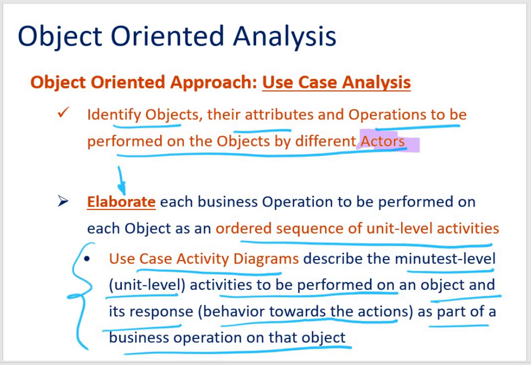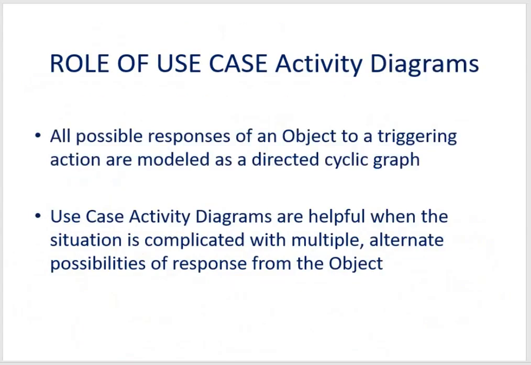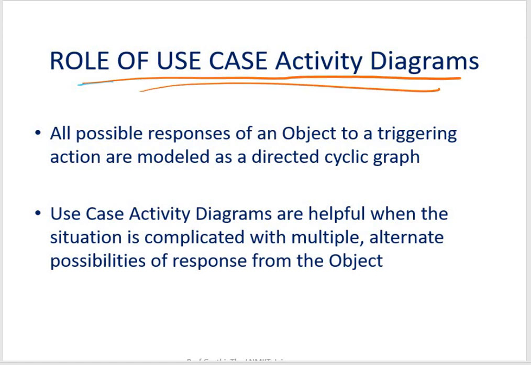Your use case activity diagrams describe the minutest, unit level activities to be performed on an object, and in its response the behavior towards the actions as a part of the business operation on that object. So this is nothing but the entire business operation which is taking place.